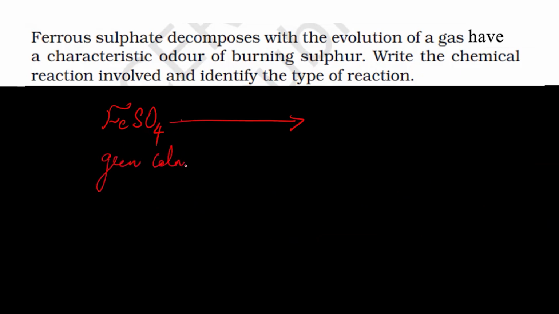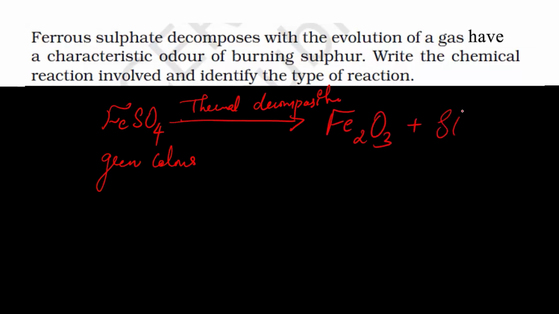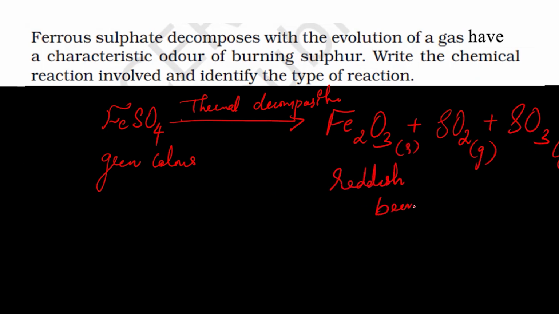Green color crystals of ferrous sulfate undergo thermal decomposition reaction, forming Fe2O3 plus two gases, SO2 and SO3. These two are gases and this is a solid of reddish brown color.